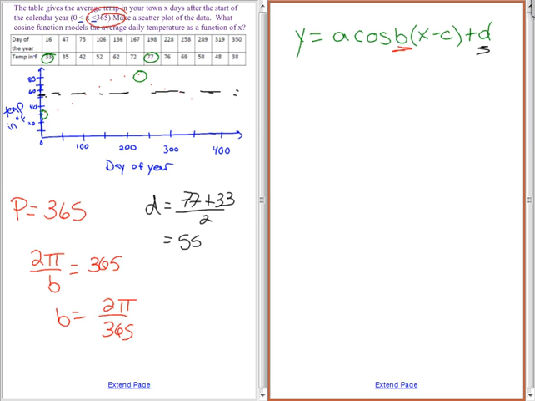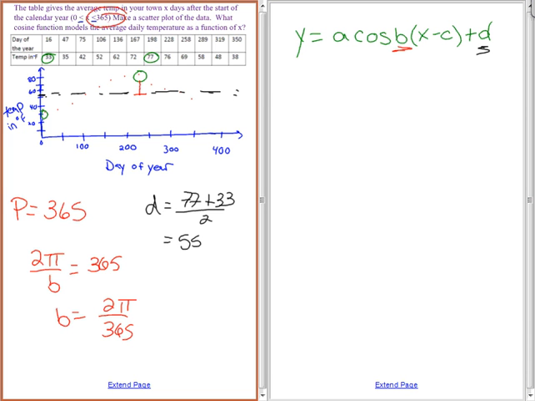So therefore, I should be able to find my A value, my amplitude, by finding the distance between your midline and your max value, or between your midline and your min value. So my max was at 77. I just found out that my midline's at 55.